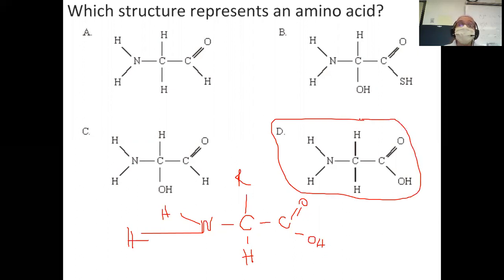But if you did not remember that, you could look through it a little bit more closely and hopefully rule out B, because you see there's a sulfur here and the sulfur is not in the R group at the top where it's supposed to be. So hopefully you could rule that one out. A is really close. It's just missing an O here.